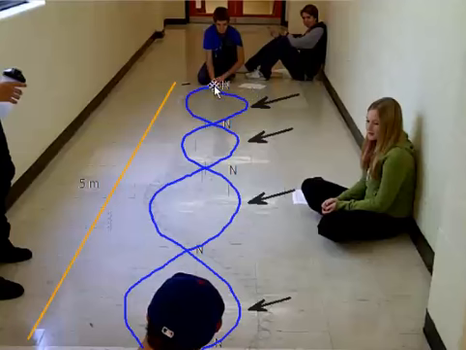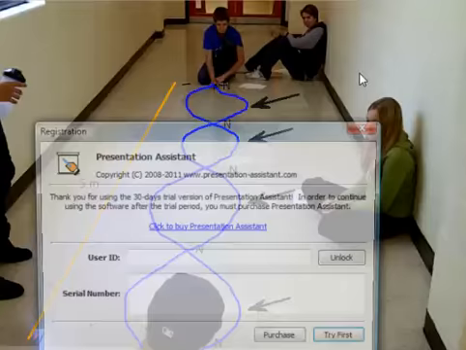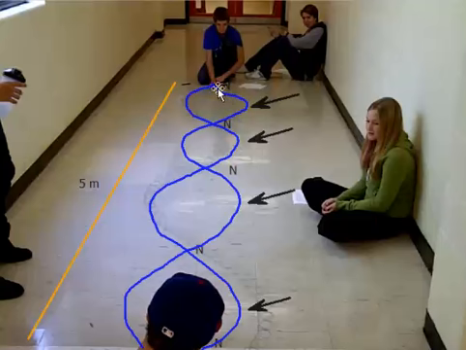One wavelength goes from about here right to there. So it ends at that point right there, and it started there.